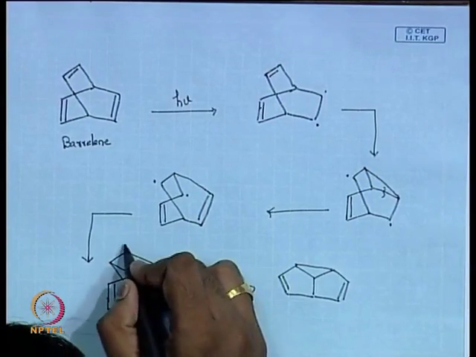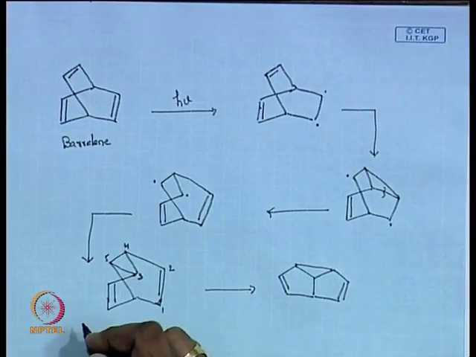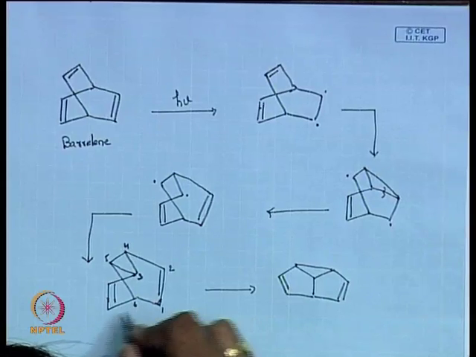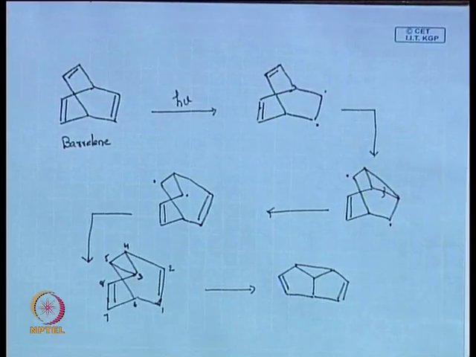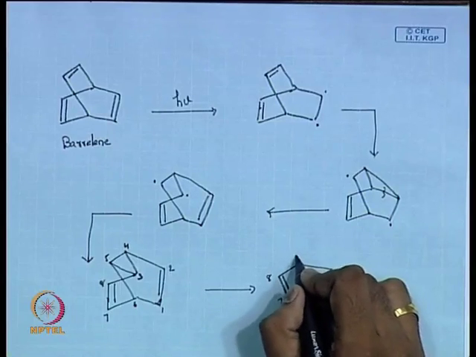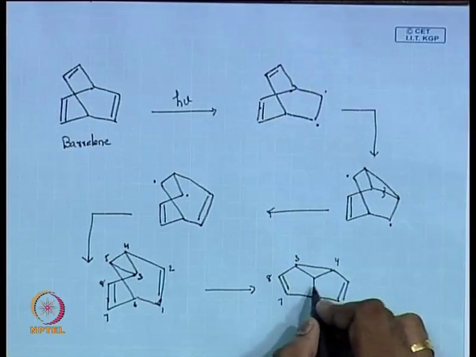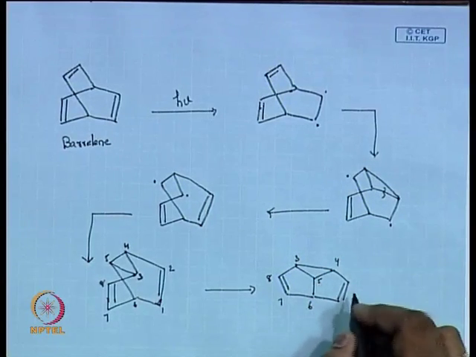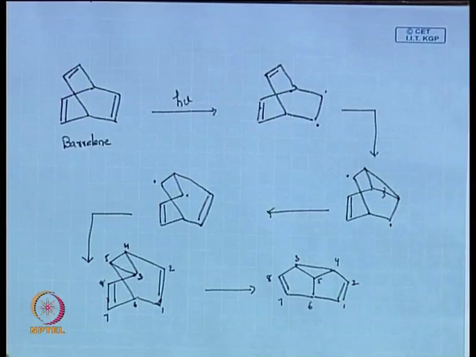This, if you want to label like this, I am just labeling for your understanding. 4, 5, 6, 7, 8. Then if you say 7, 8. I will just tell you how I have unfolded it.